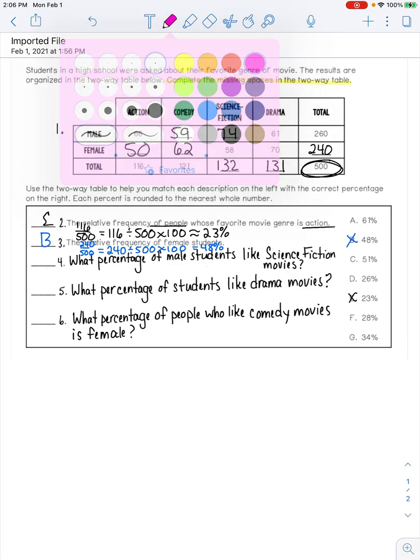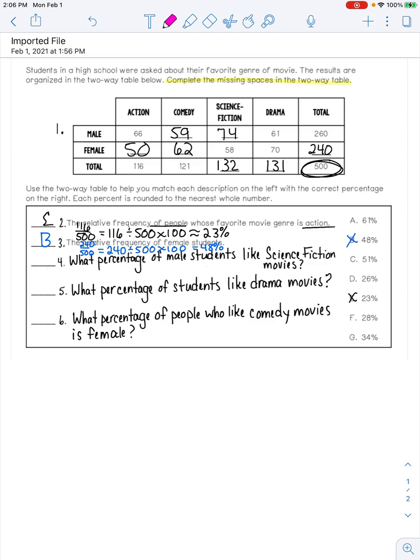Now let's take a look at 4. It says, what percentage of male students like science fiction movies? So my overall that they're looking for is male. That's my whole. So the total number of males is 260. Out of those 260 males, how many like science fiction? Well, 74.